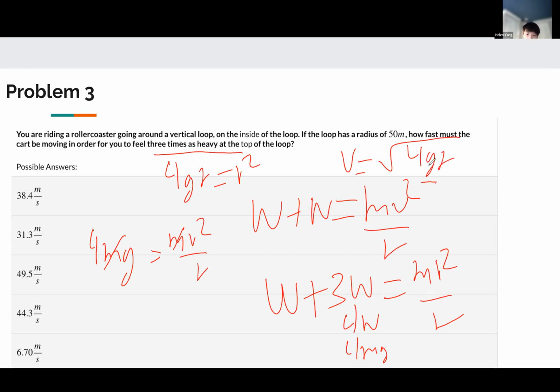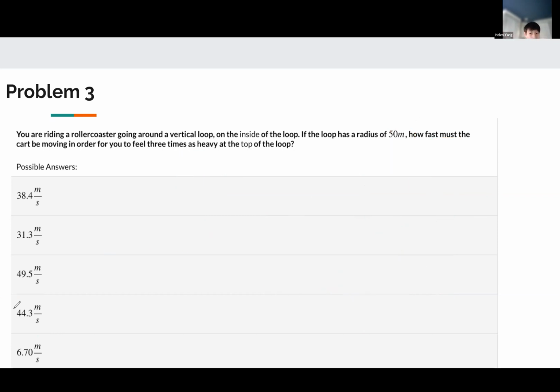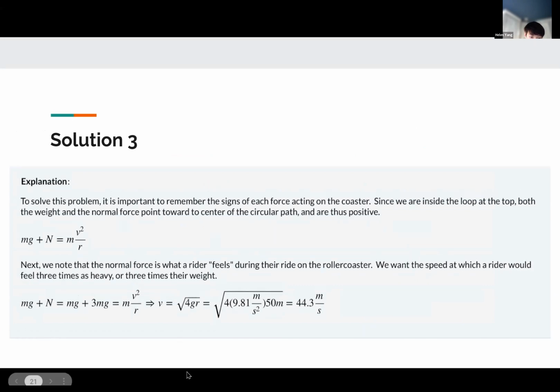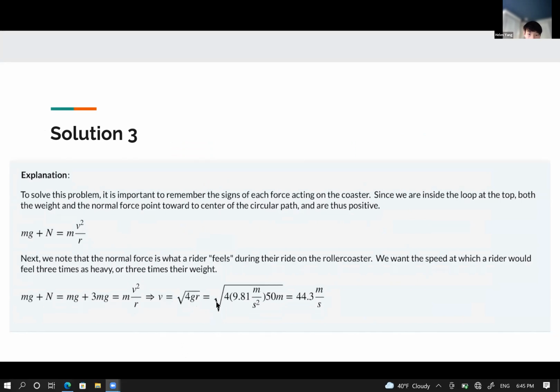We know the acceleration due to gravity is 10 meters per second squared, and r is given as 50 meters. So the answer is 44.3 meters per second. This is the solution for number 3. So now you can do question 4.